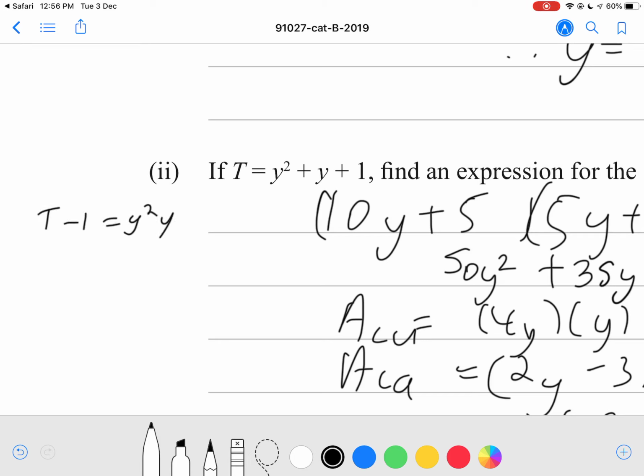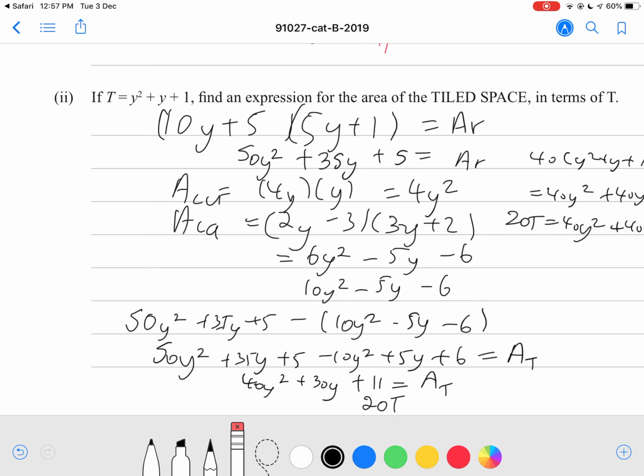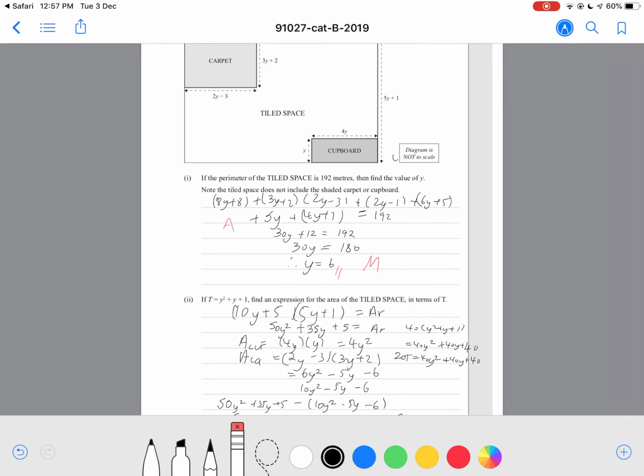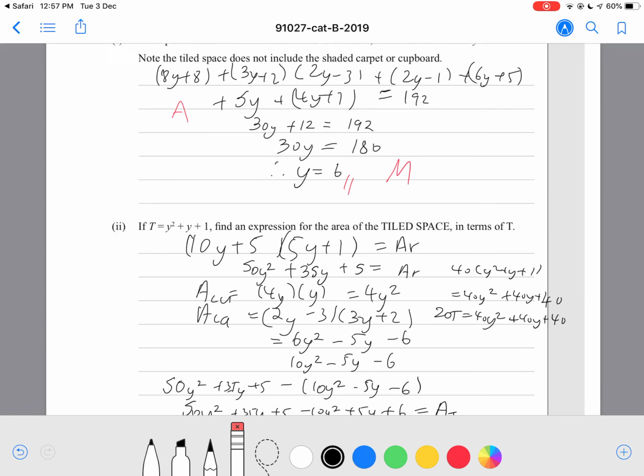Wait, sorry, just hold on. Did I do something wrong here? Sounds too difficult to be right. Minus 9y, minus 5y, yeah, that's right. 3y plus 2.